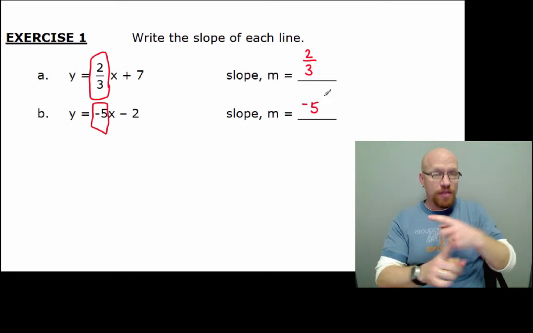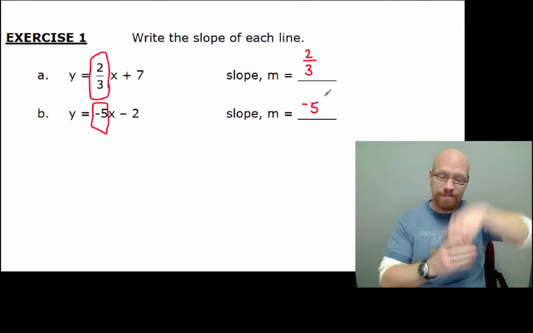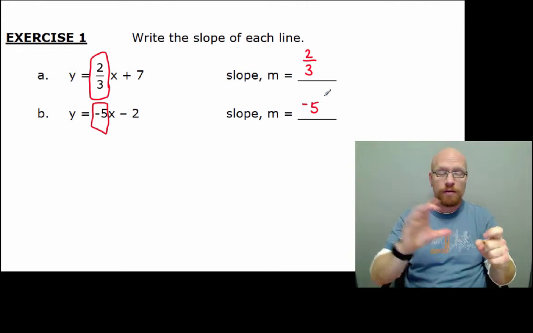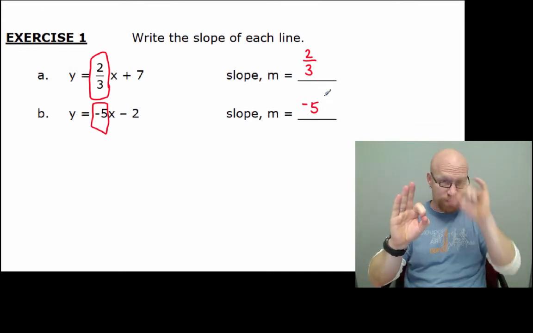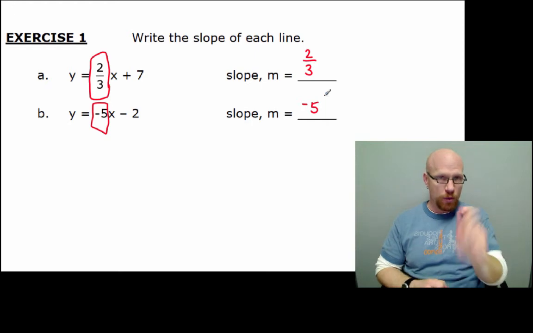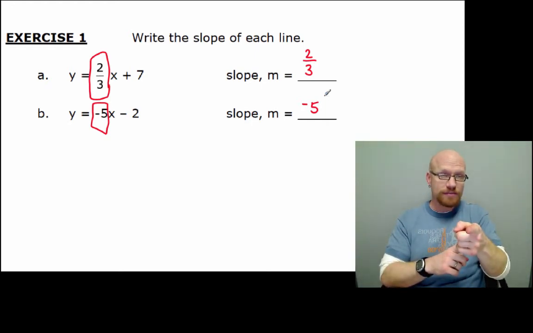Notice I kept the positive or negative with the number. You have to do that, and I didn't involve the x, because x is not the slope. The coefficient for that x term, that's the slope. Okay? X itself is on the graph.